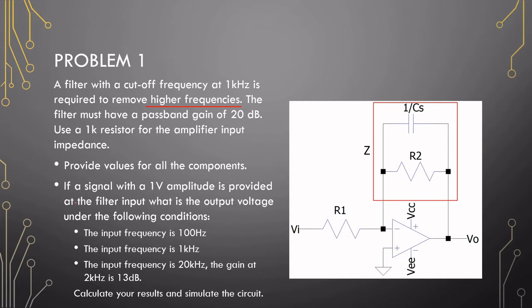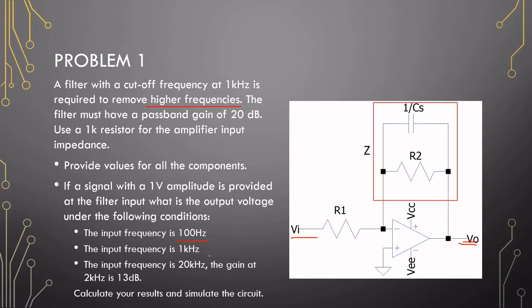So provide components for all of these. Okay, then I want you to insert the 1 volt signal at the input and evaluate the three conditions down here. So what happens when a 1 volt amplitude is provided at 1 kilohertz through this filter? What is Vout?